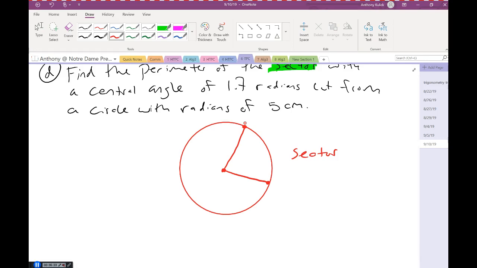So let's label the parts of this then. We know that the radius for this circle is 5. And I'm going to give these points some names so it's easy to talk about. Everybody is okay with that? And we're told that the central angle here is 1.7 radians.